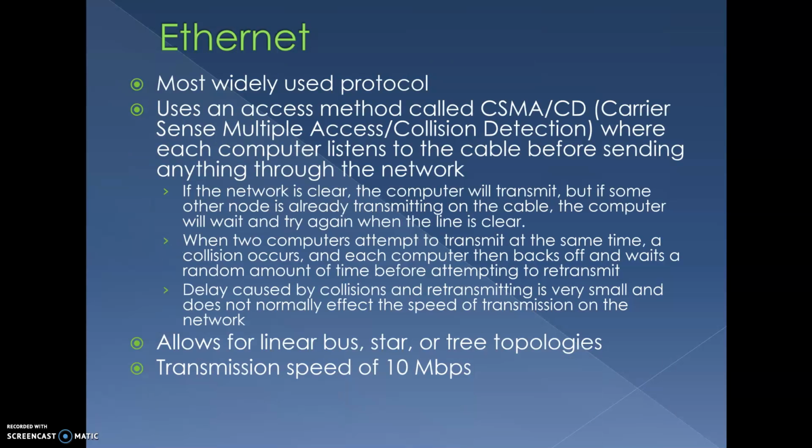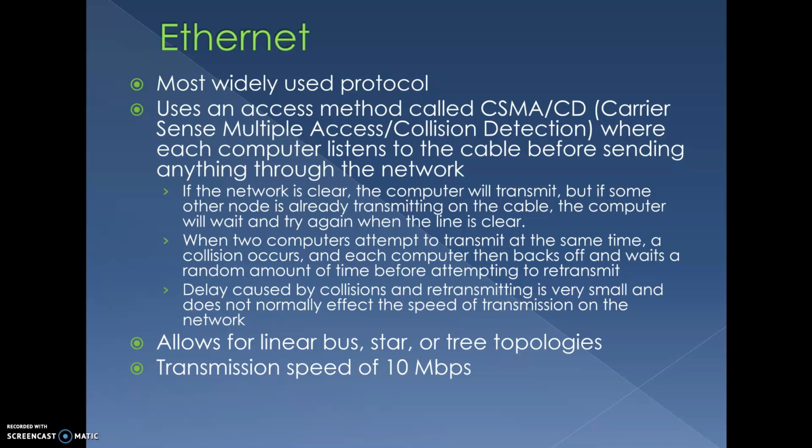Ethernet, the most widely used protocol, uses an access method called CSMA/CD. This stands for Carrier Sense Multiple Access with Collision Detection, where each computer listens to the cable before sending anything through the network. If the network is clear, the computer will transmit. But if some other node is already transmitting on the cable, the computer will wait and try again when the line is clear.